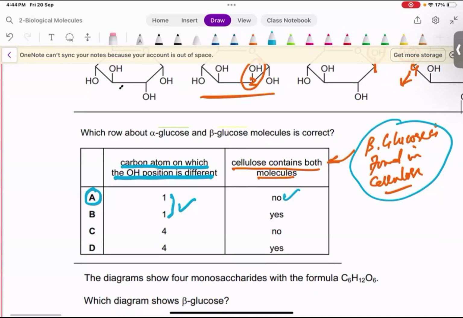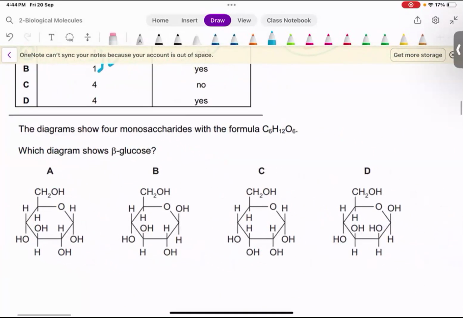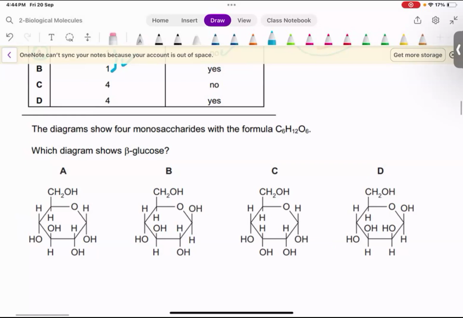And if you look at this, the diagram shows 4 monosaccharides with the formula C6H12O6. Which diagram shows beta glucose? Should it be B?